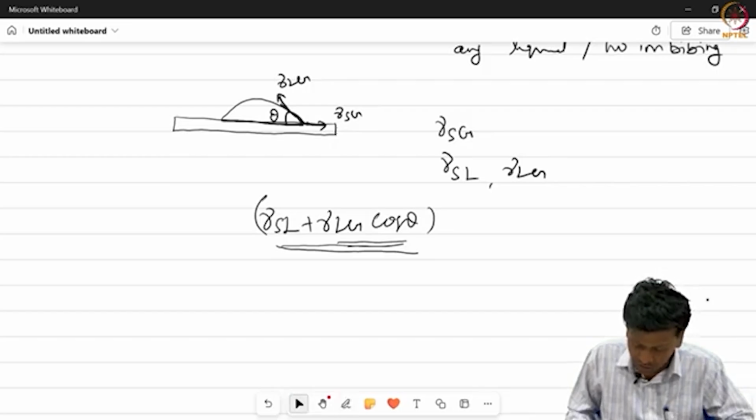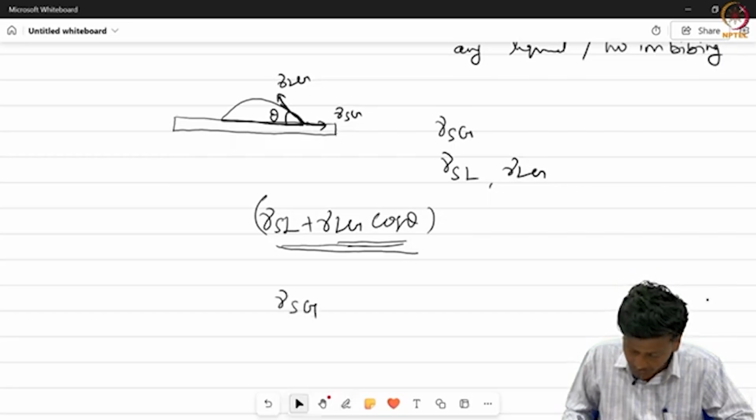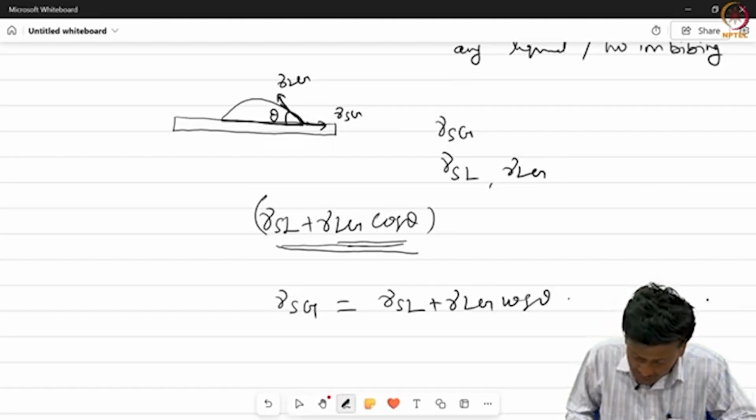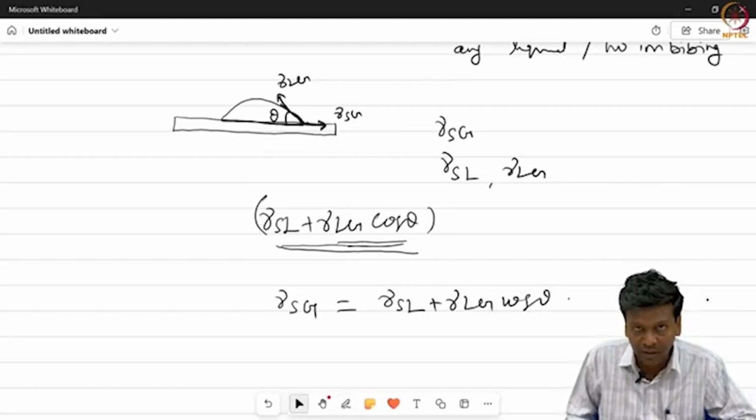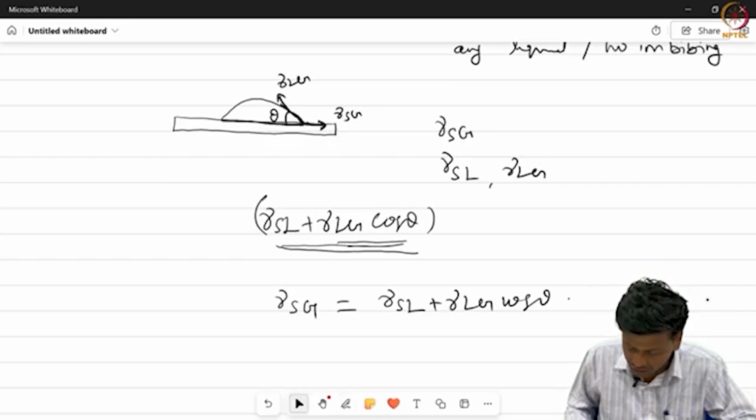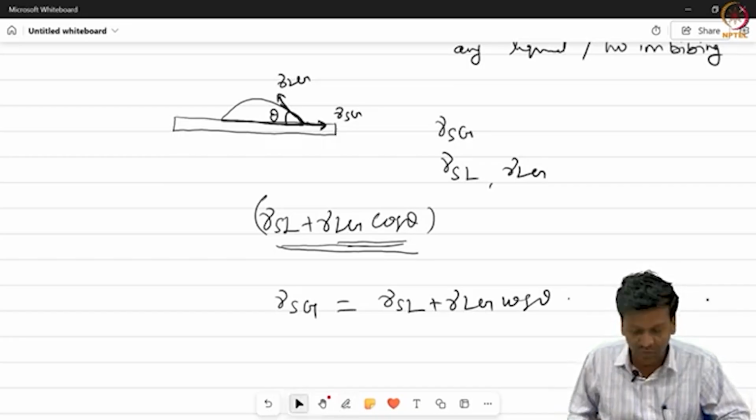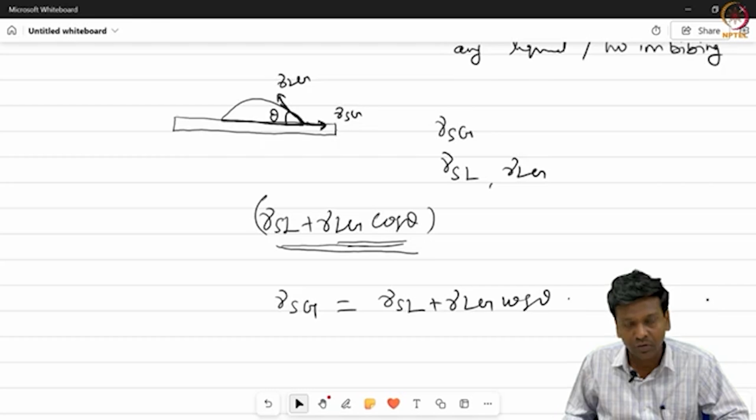So this will yield the equation at equilibrium. Both these counteracting forces balance each other. So you get gamma SG equal to gamma SL plus gamma LG cos theta, because gamma SG acts in the positive x direction, whereas gamma SL and gamma LG cos theta act in the negative x direction. At equilibrium, both should be equal.